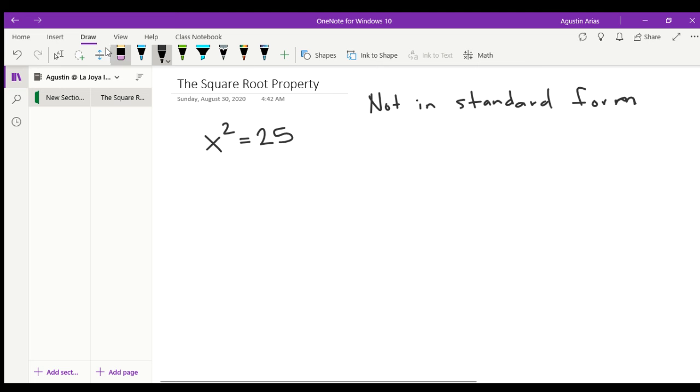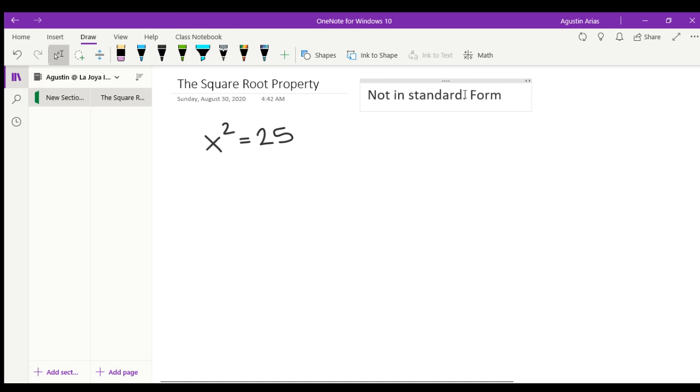In fact, what you want to do is get the x squared by itself, right? In this case, it's already by itself. So there is no b term, there's no bx. So this would be perfect.